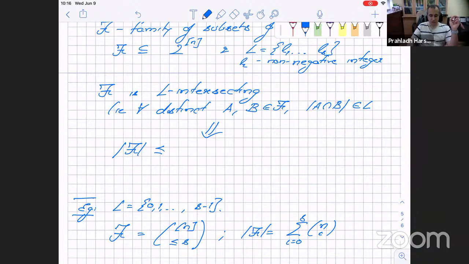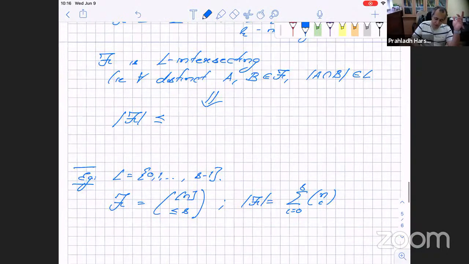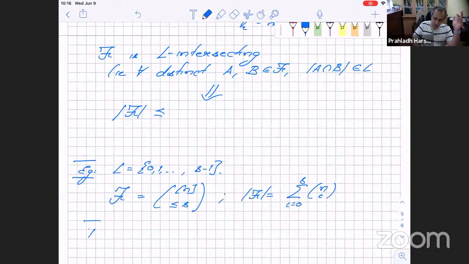Okay. So this is a setting. What we will show is this is the largest you can take. Any such thing has to be of this size. And because this number is going to come so often, I'm going to define Phi_s(n) to be the summation of n choose i, for i equals 0 to s.